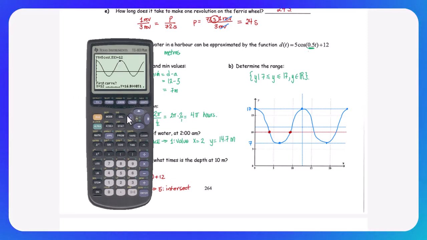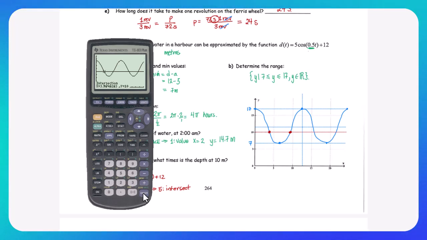Normally, sometimes there's only one intersect and we hit enter, enter, enter, and then we got it. The thing is, the calculator, not so smart. It can't guess. So we go to the point that we want to find. So we got to get close to it. So we're going to go enter, enter, enter.